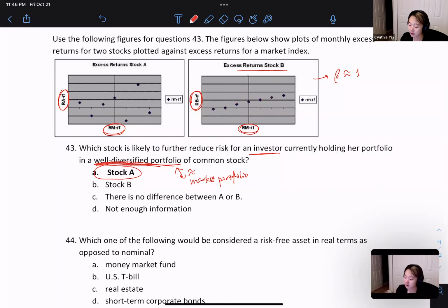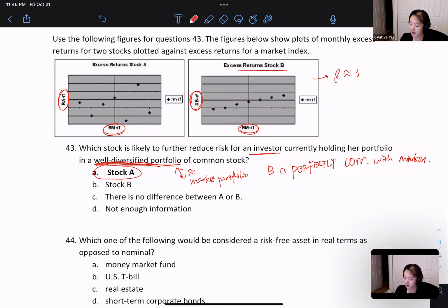And the investor already holds a pretty well-diversified portfolio, so these two will be very similar. And because B is perfectly correlated with the market, what does it mean?